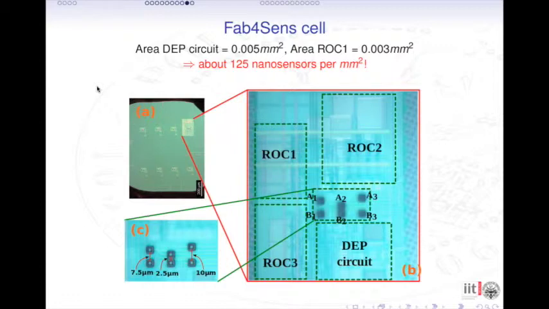The gap between the microelectrodes is different to catch different sizes of nanomaterials, but also to investigate properties of nanomaterials with different lengths. The area of a single DEP circuit and a single readout circuit is about 0.008 square millimeters, so more than 100 nanosensors per square millimeter.